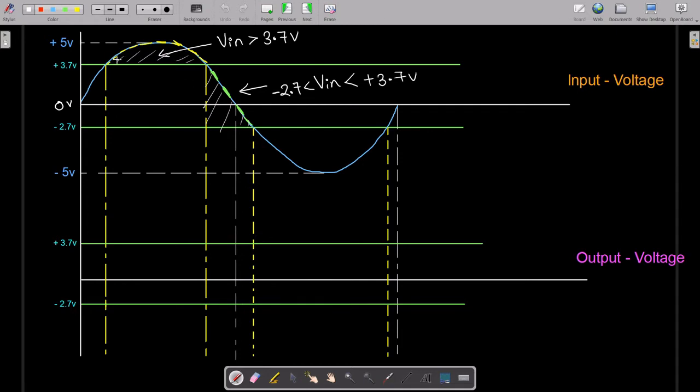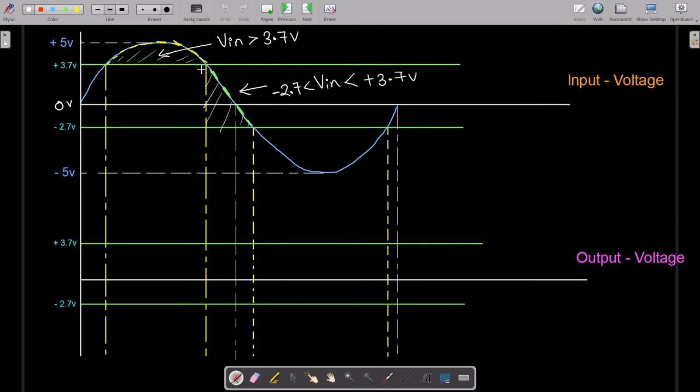But first we have to analyze the input waveform. So here there are three conditions. We divided the input waveform into three parts. The very first is when V in is greater than 3.7 volts, that means this waveform, forming a cusp.